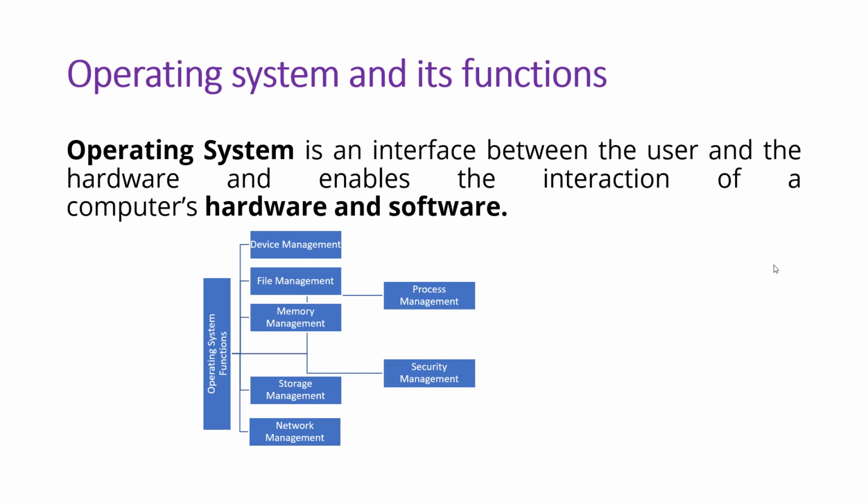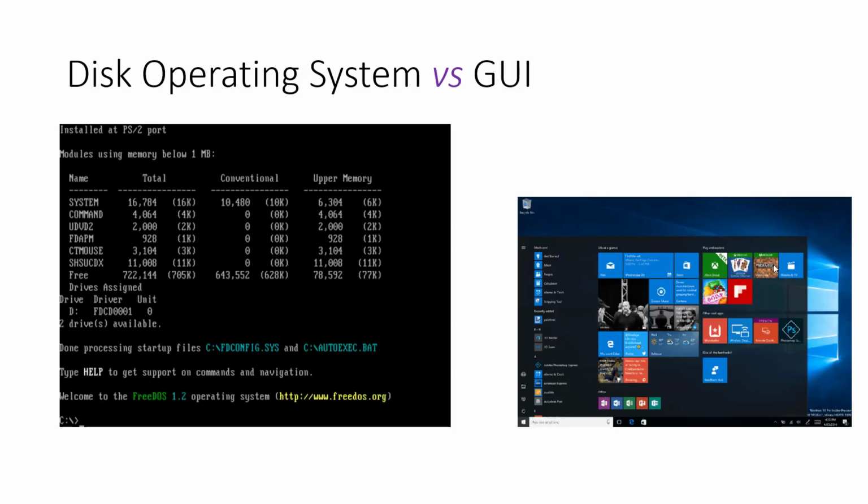As you can see, first function device management, second is file management, memory management, process management, security management, storage management, and network management. We will be discussing all these different functions of the operating system in our next series, but not in this video.